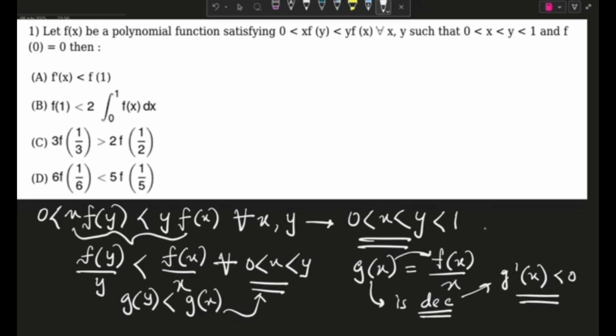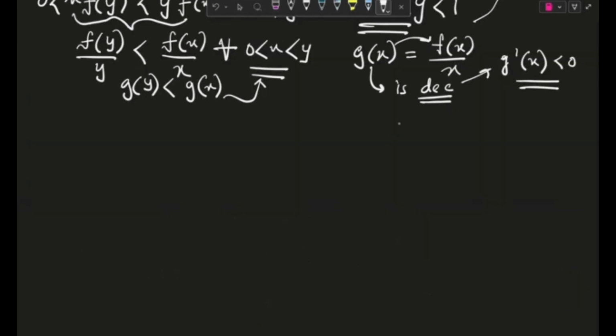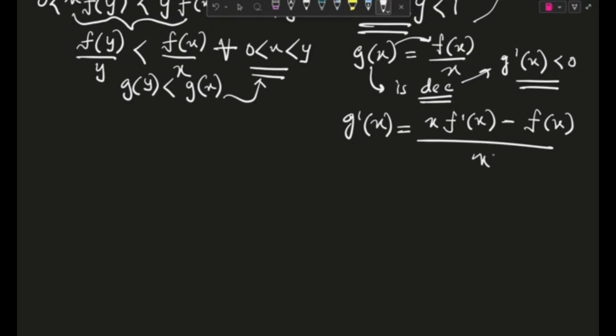I hope you guys know the question now, so I will change the page. First I will differentiate g'(x). This will become x times f'(x), and then minus f(x), divided by x squared.